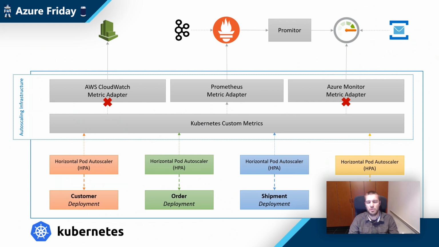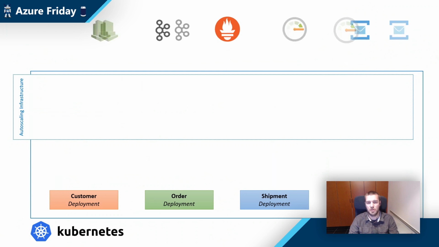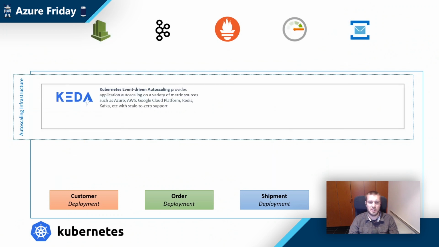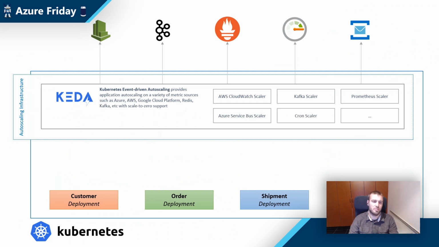So with KEDA, we want to make this super simple. Instead of using all of that infrastructure, you just do a simple install of KEDA with Helm, and we have a full list of scalers where we know how to get the metrics and how to authenticate. You just need to give us the thresholds.